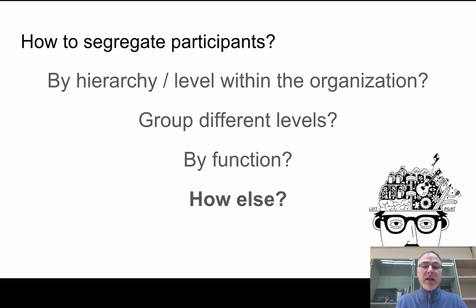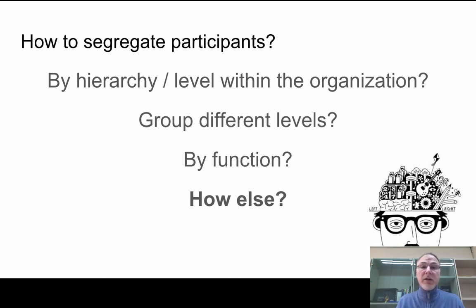Another step in designing effective training programs is deciding how to segregate the participants. You can do this by hierarchy or level within the organization. You can do it by function, or you can do it in other ways. There might be a geographic grouping.